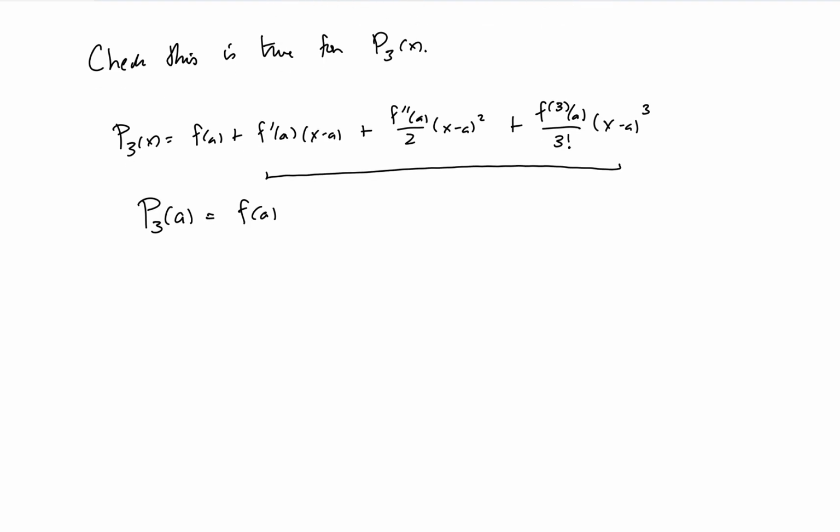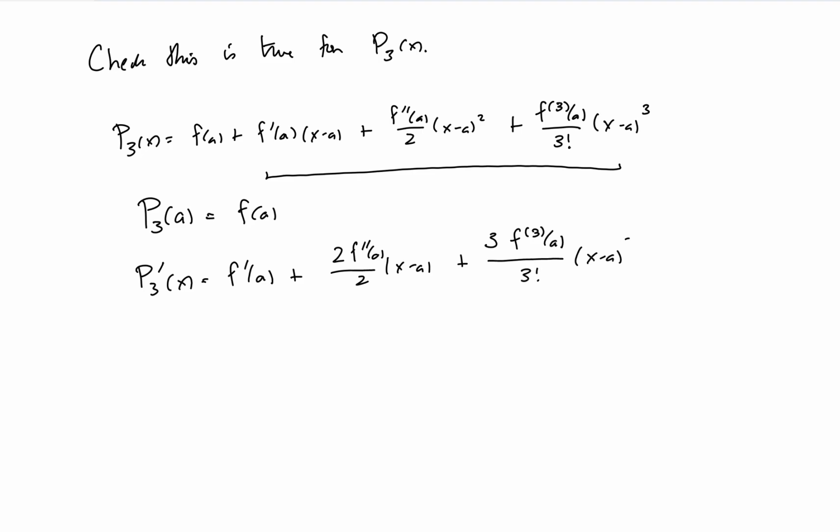And now we'll take the derivative. So P3 prime of x. The f of a is a constant, so that goes away. The derivative of f prime of a times x minus a is just f prime of a. And then I bring the 2 down, so I get 2 f double prime of a over 2 times x minus a, plus 3 times the third derivative of a over 3 factorial times x minus a.